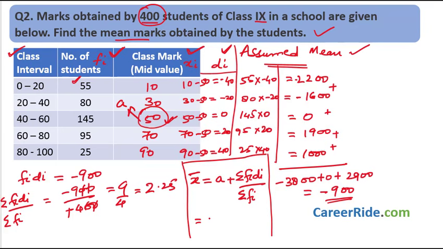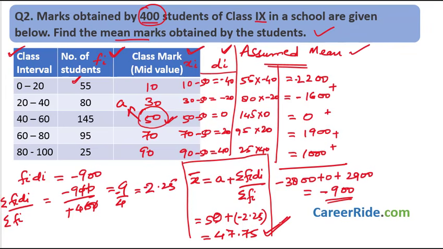So this is equal to the assumed mean, 50, and the value that I found for sigma FIDI upon sigma FI is minus 2.25, right? So this is equal to 47.75, and this is my mean marks for the class.